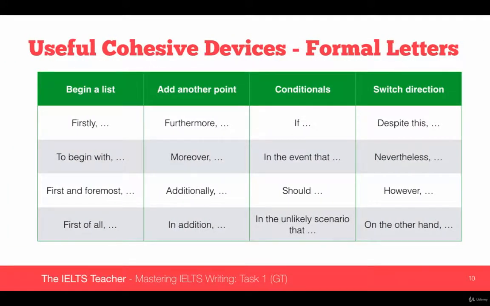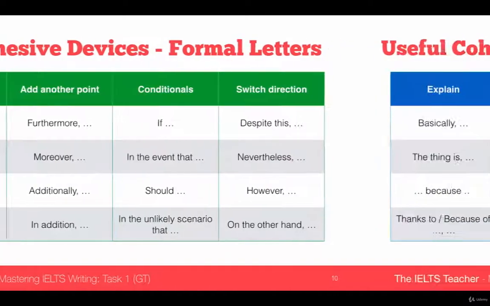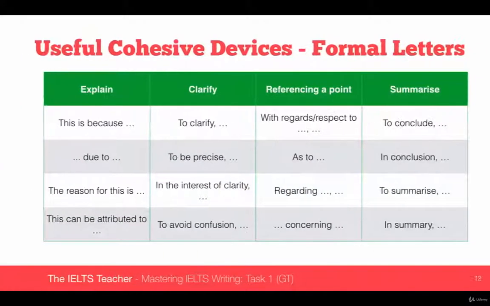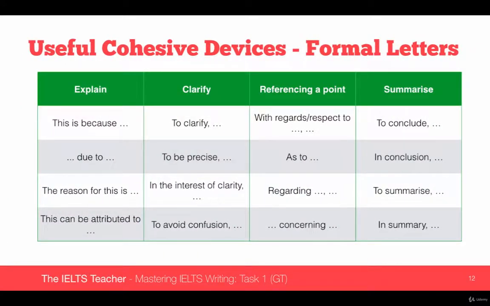And you can see the same categories here for formal letters. We also have cohesive devices for explaining something, for clarifying something, for referencing a point, and for summarizing some points. That's for informal letters, and same again here for formal letters. So as I said, you can find a full list of these in the PDF at the end of this course, so you can take your time looking at these at your own leisure.